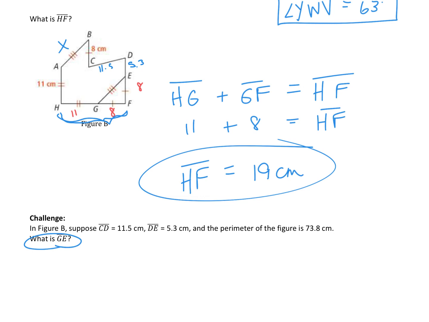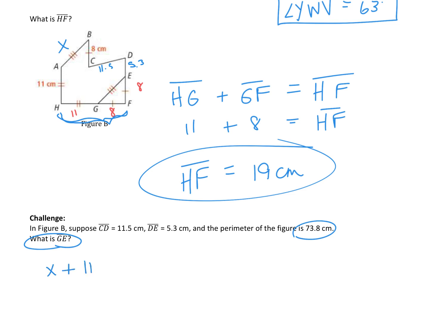Okay, so back to what we know. Perimeter is if you add up all of the sides of a shape, that's going to give you the perimeter. So when we know what the perimeter is, and we're missing just one piece, we can write this out. So let's add up all the sides. We know that we have our one side of X, AB is X plus, and then I'm just going to go around the left, counterclockwise.